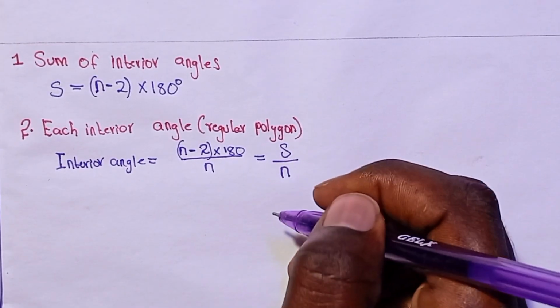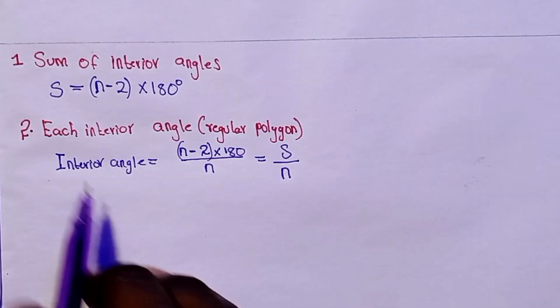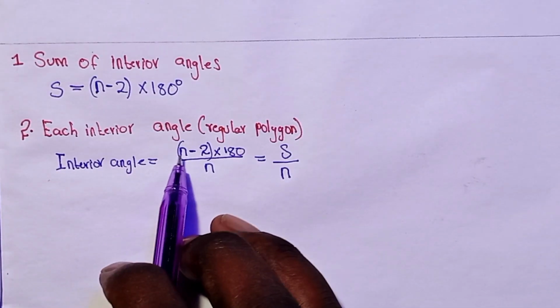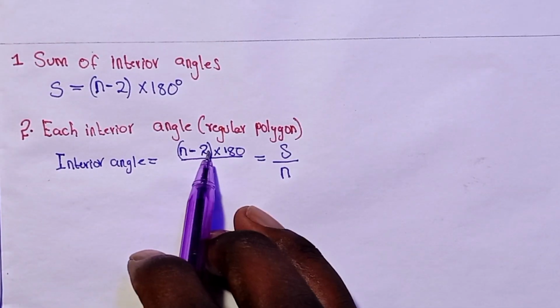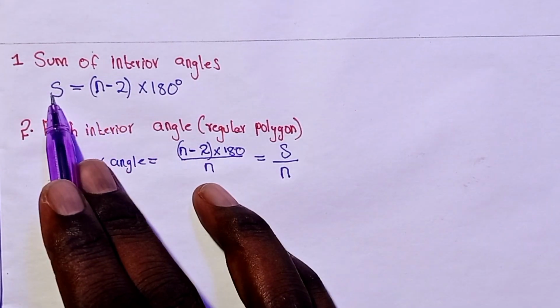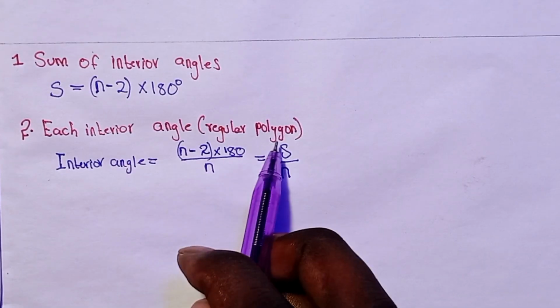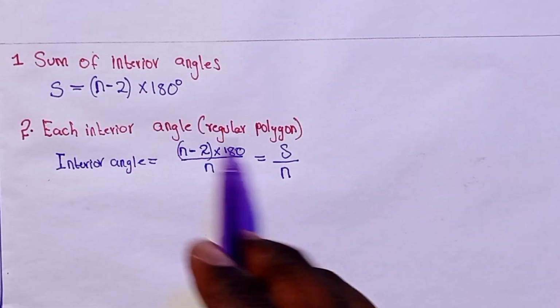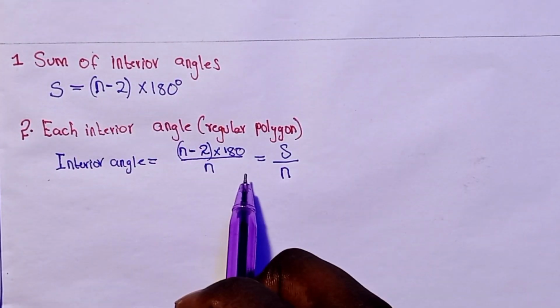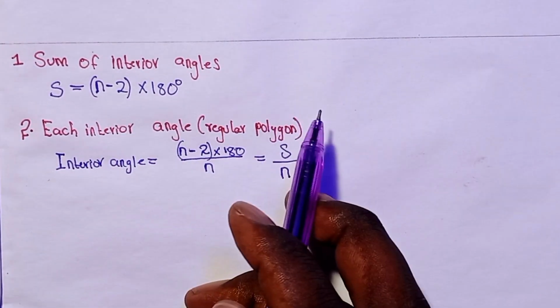So the interior angle of a regular polygon is given by the sum of interior angles divided by the number of sides.